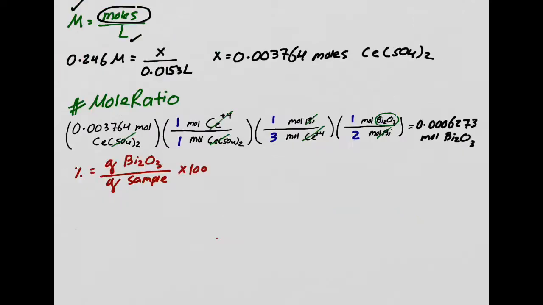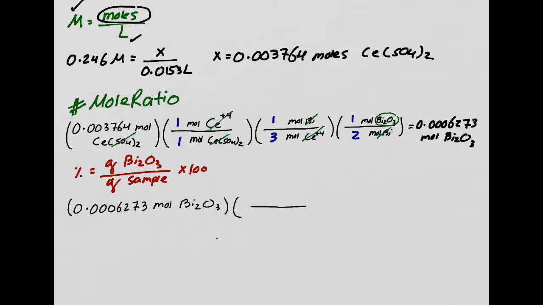Okay. Now I told you that I need grams, right? I told you that I need grams because percentage usually means gram percentage unless they tell you otherwise. So that's okay. I have moles. I know how to convert moles to grams. How do you convert moles to grams? You use molecular weight. Okay, so I have moles of bismuth oxide. I use molecular weight.